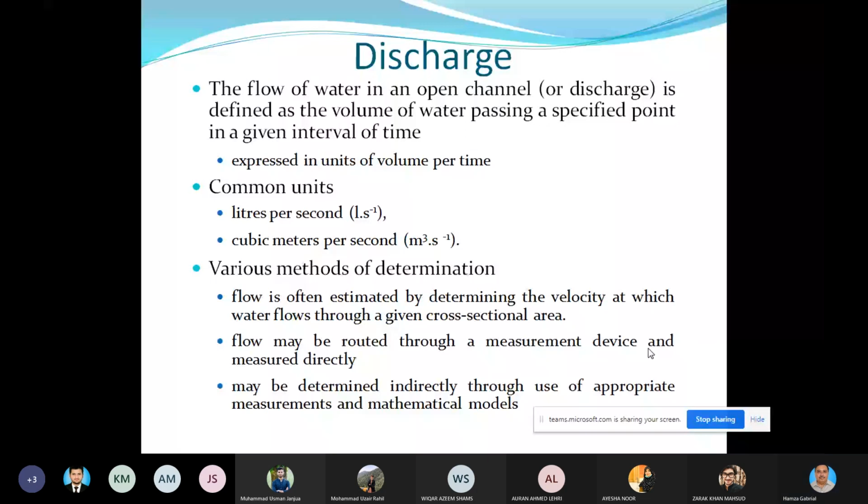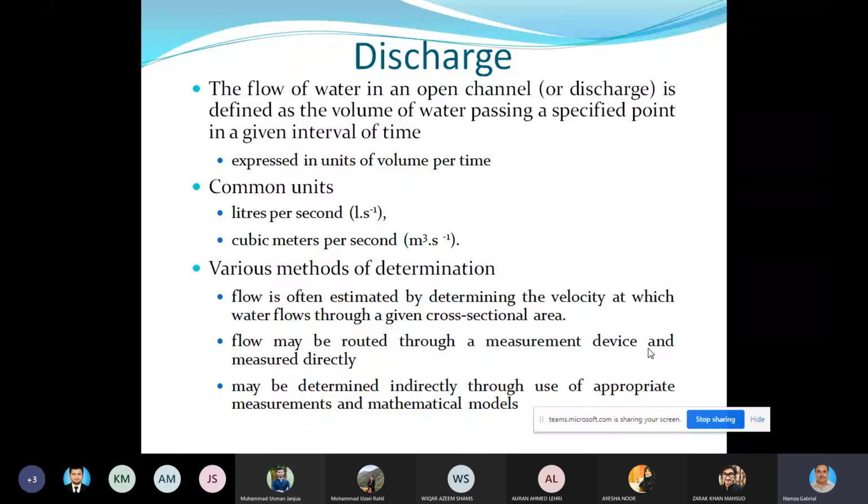So two types of units will be used. One, the unit of volume in which the water passing at a specified point is being measured, and the unit of time. The commonly used units for discharge measurement are liters per second.